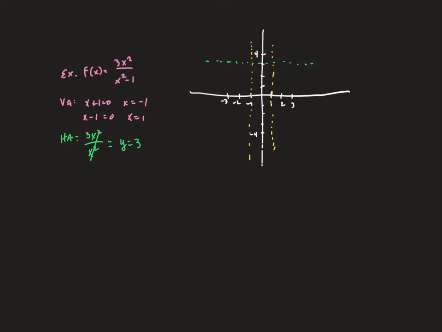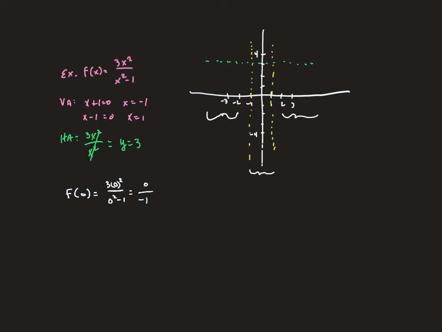So what I want to do is figure out some numbers between here, so I'll use 0, and then I want to figure out a value here to figure out where the graph exists. So when I plug in 0 into my function, I have f of 0 equals 3 times 0 squared over 0 squared minus 1, which is going to be 0 over negative 1.